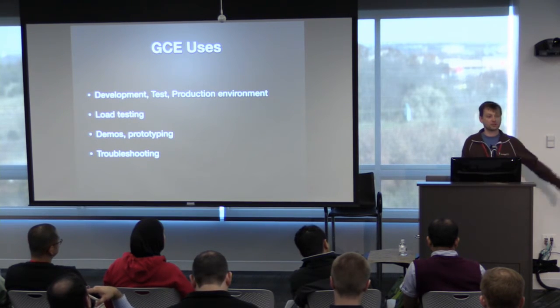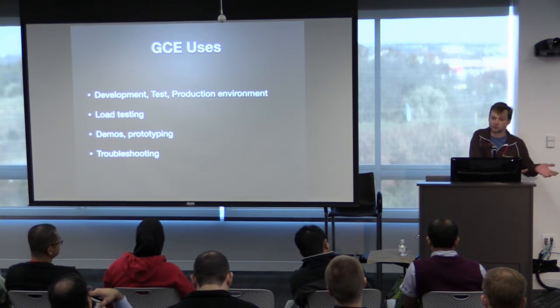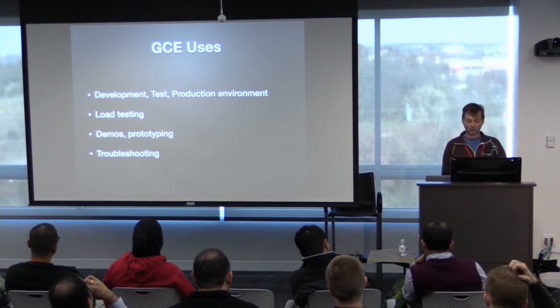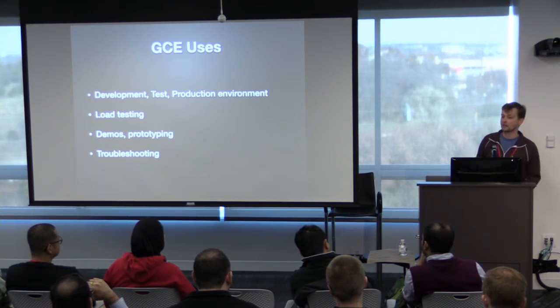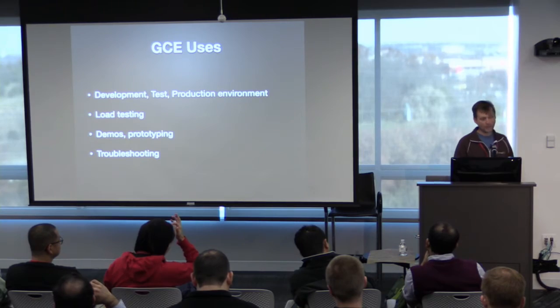Maybe you have a customer demo, and you can spin up a couple VMs, with a separate instance just for each customer demo. It's great for prototyping. It's also great for troubleshooting, right? A customer calls you up and says, hey, I'm running CentOS 6.5 and running your software, and I have this problem. In a couple minutes, you can spin up a CentOS 6.5 instance and start to reproduce that particular problem.